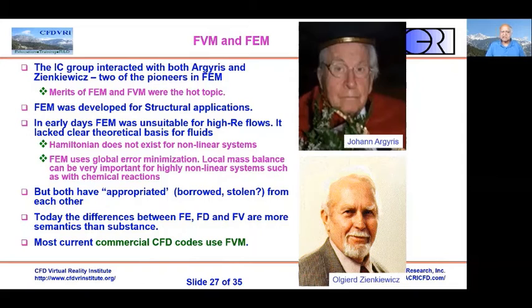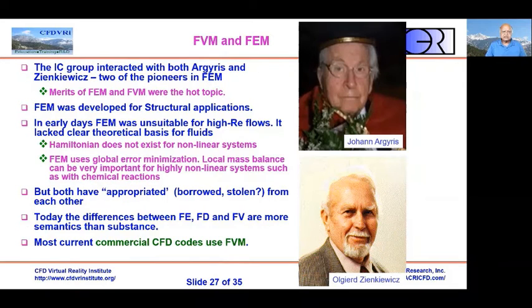You're seeing the total average. So for highly nonlinear systems, local mass balance can be very critical. For example, in combustion, a small change in temperature can lead to a fourth order change in reaction rate. So we stuck with finite volumes.